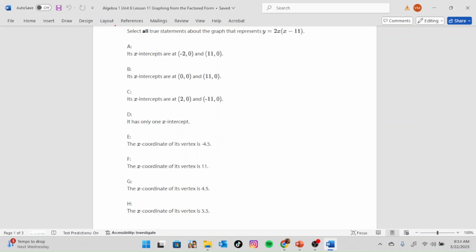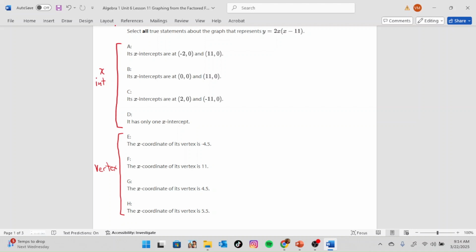So, what I want you to notice anytime that we have a long list of multiple choice here is that if you read through all of them, you'll notice that choices A, B, C, and D all talk about the x-intercept.